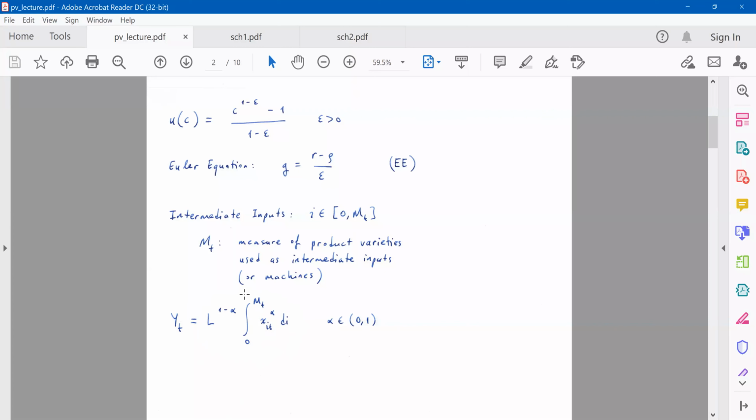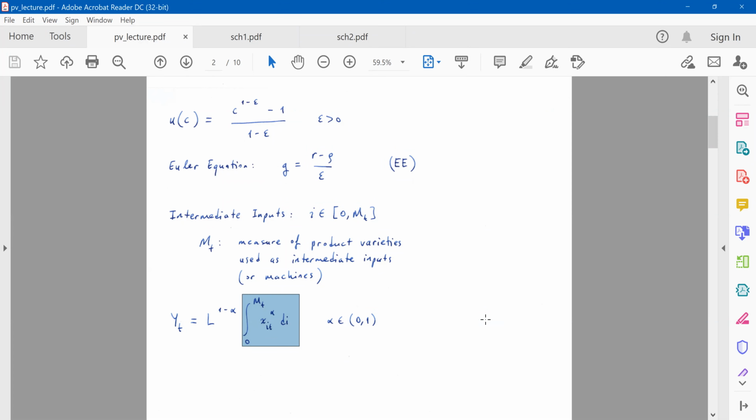And this part you see is a capital aggregate. Okay, because now we are assuming that there are machines that lie in the interval 0 to M_t. Okay, so it's a continuum basically.